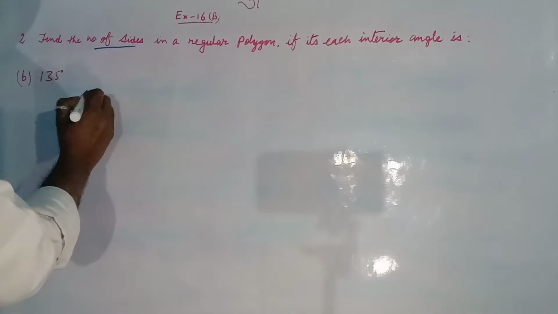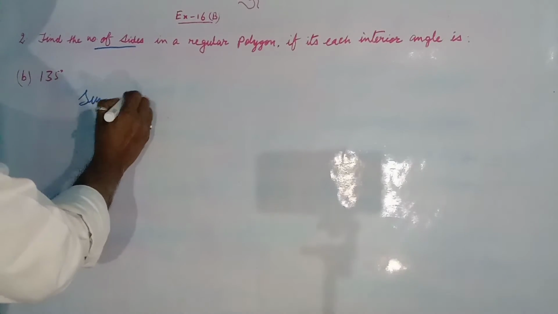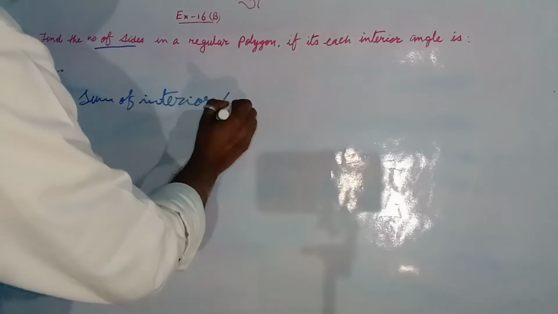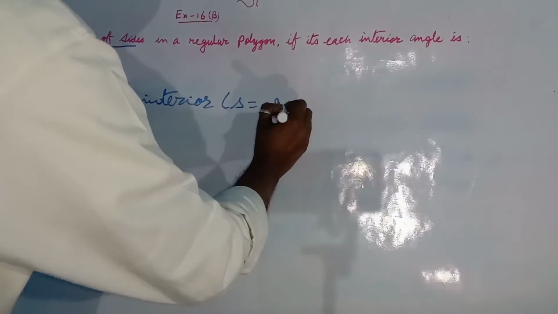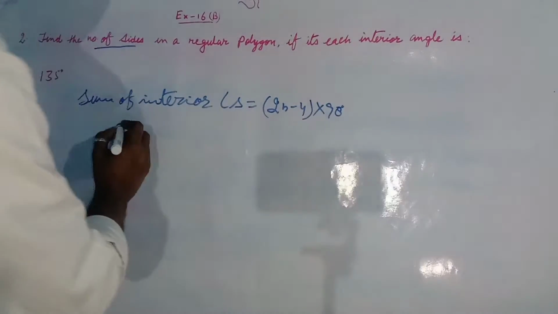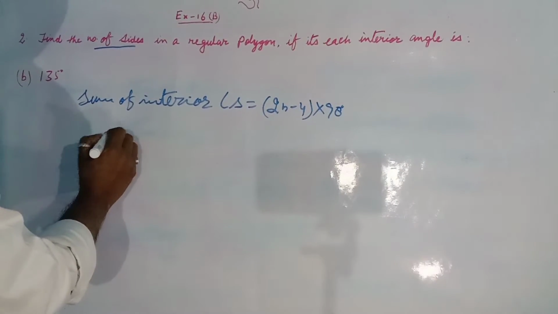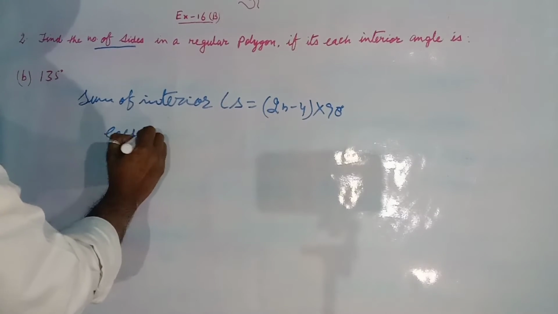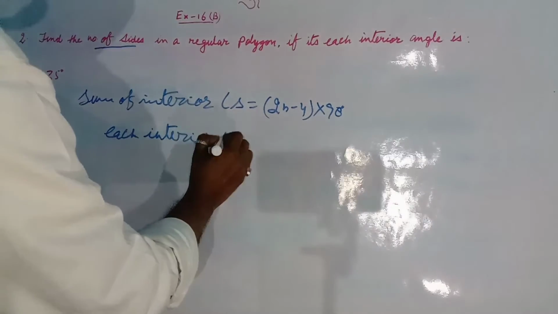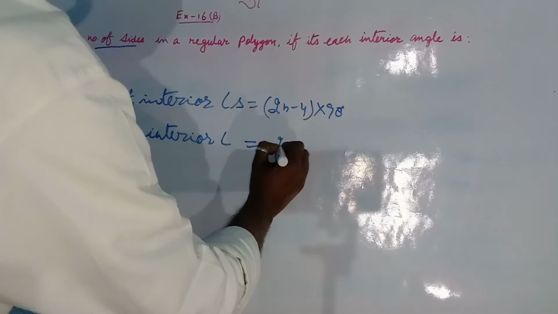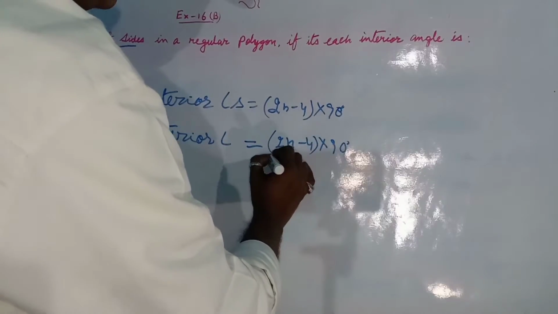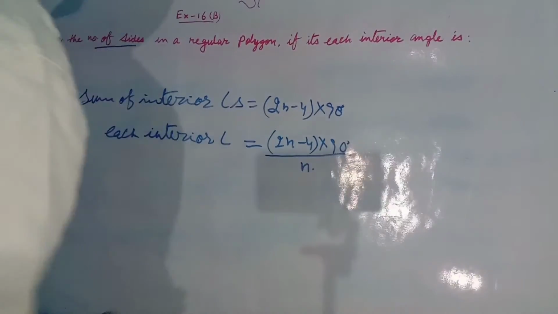Now like that we will find the sum of interior angles, that is 2n minus 4 into 90 degree, and then each interior angle equals to 2n minus 4 into 90 degree divided by the number of sides, that is n.